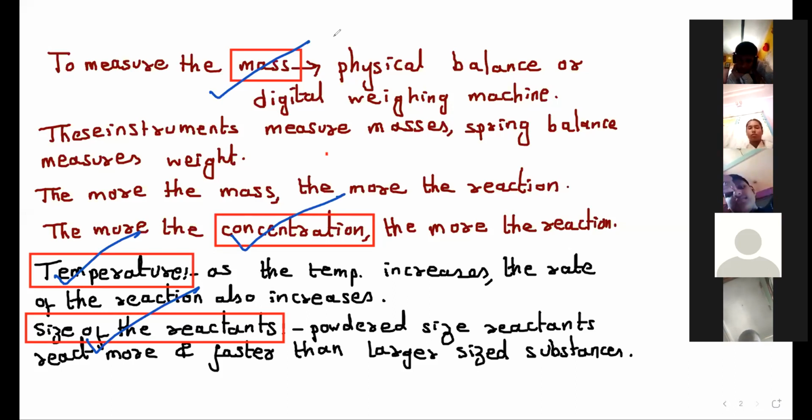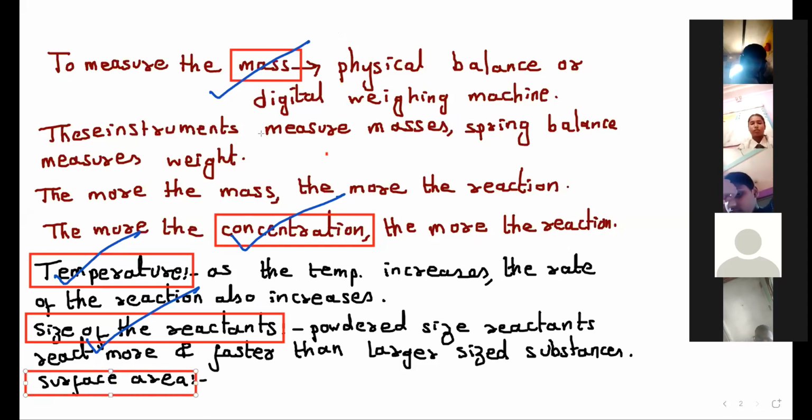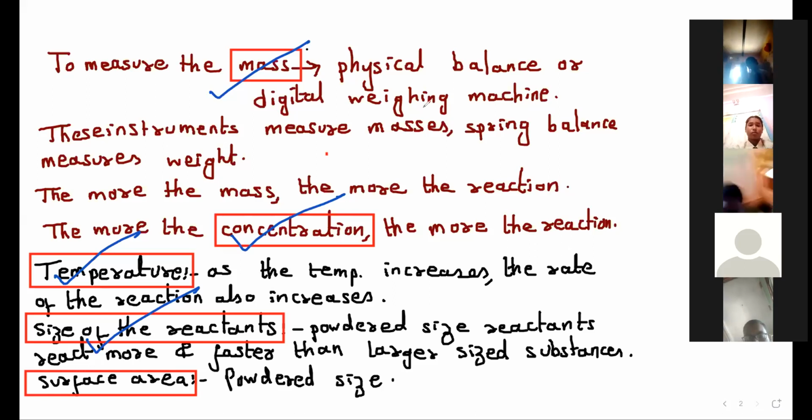That is the surface area, because area and size are related. Powdered size particles will react much more than the bigger ones. Just remember. Got it, all of you?